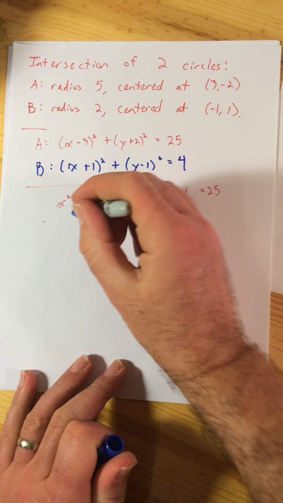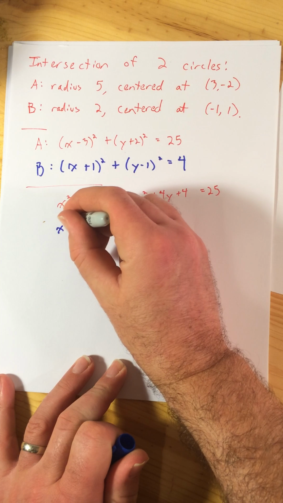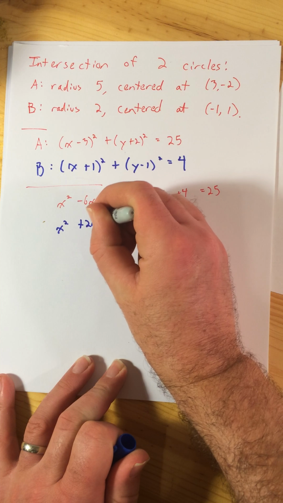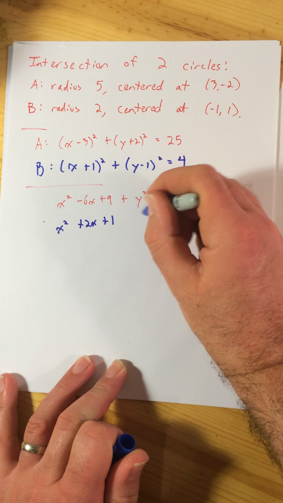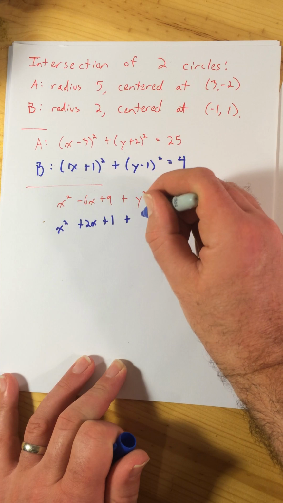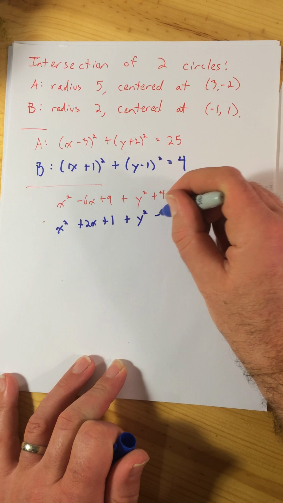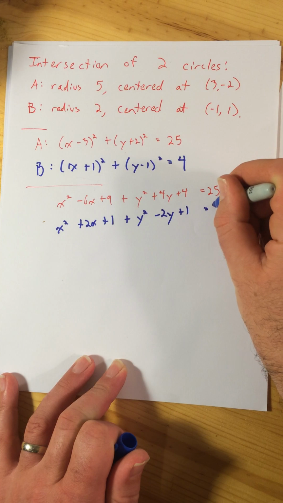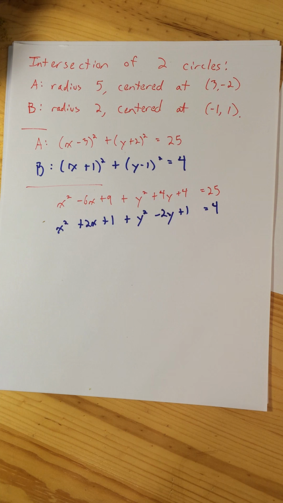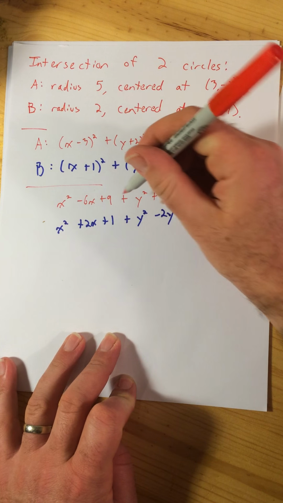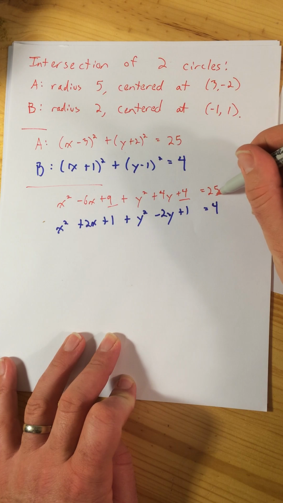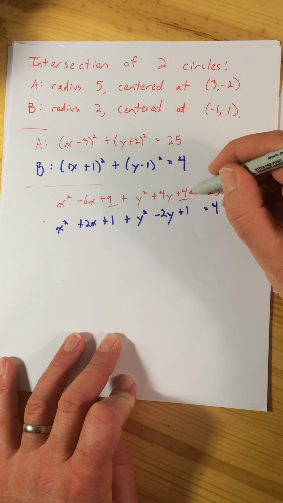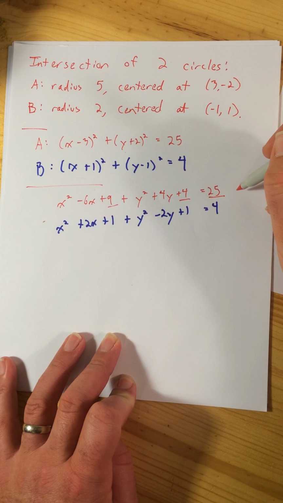And for B, I expand this out, I get x² + 2x + 1 plus y² - 2y + 1, and that's equal to 4. So I've still got a lot of constants that I can collect up, right? Like you notice I can put this 9, this 4 together, so I've got 13 on this side, and I can subtract 25 from both sides.